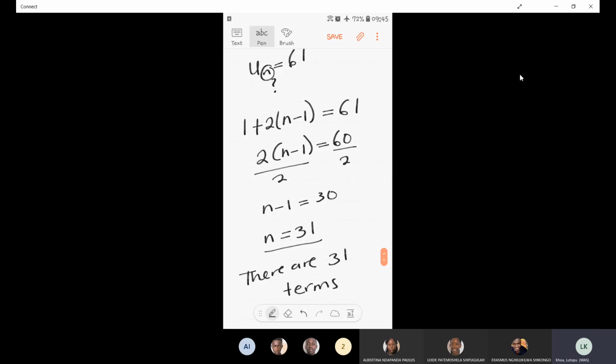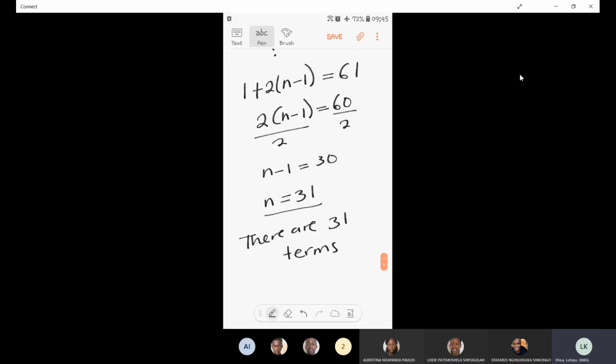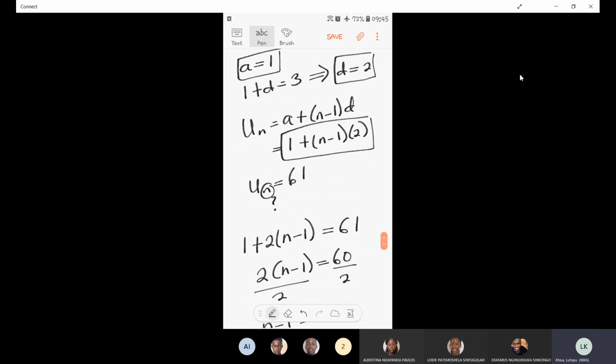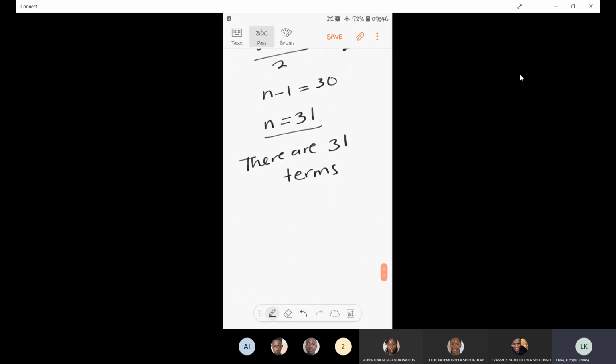Okay, so this is another way that the question could be asked, where I list the terms and I tell you the last one that I have, or the one where I stop at, and then you have to tell me how many terms I have. So this is just the same as solving for n.